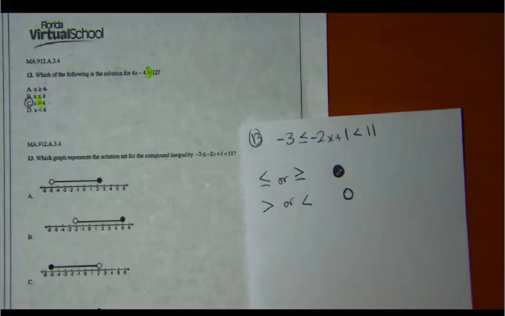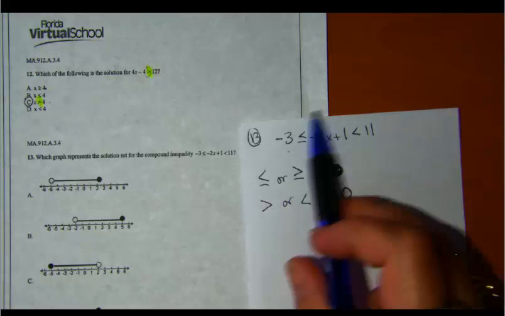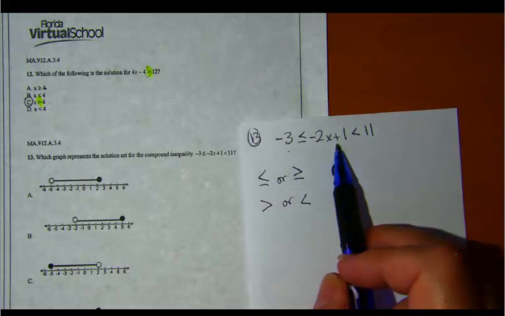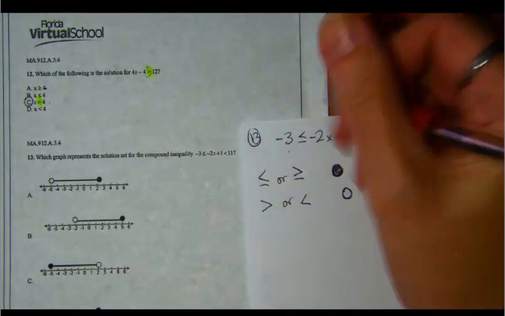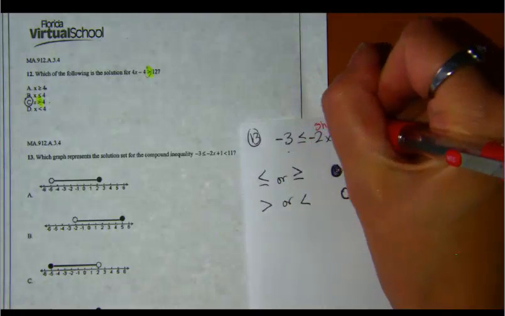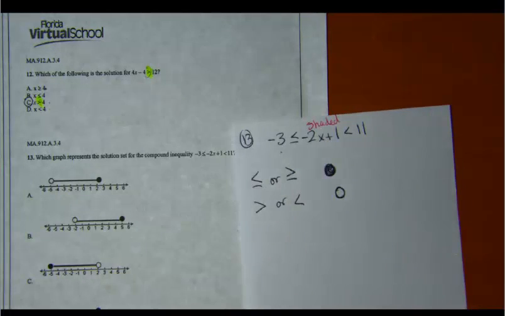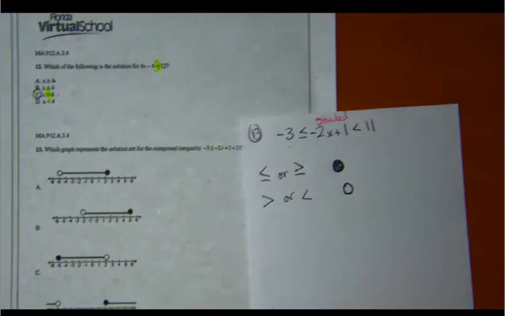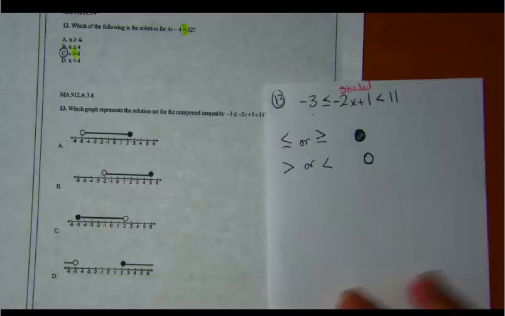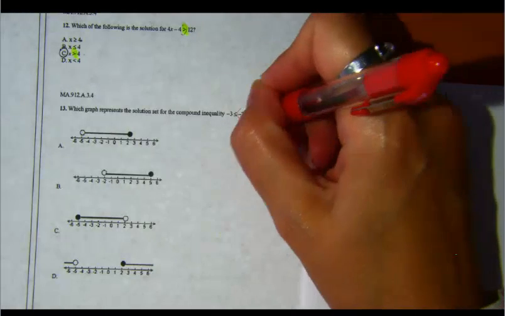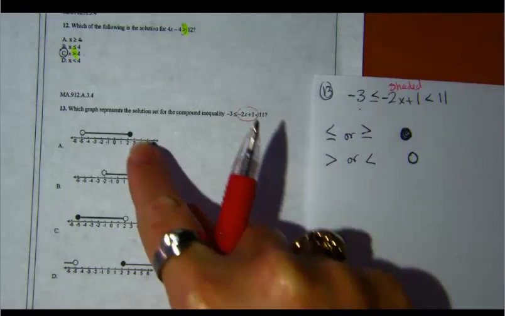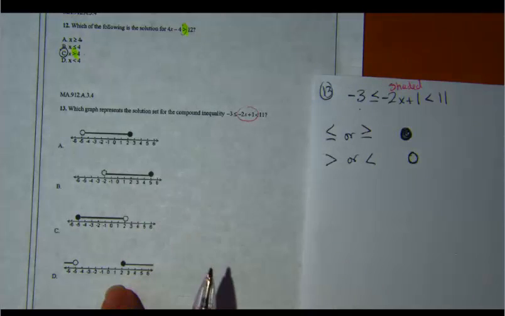If you have a compound inequality set up like this, the shaded part is in between, in the center. So when I look at my answer choices, because my X is in the center, I know it's going to be one of these 3 and not this one.